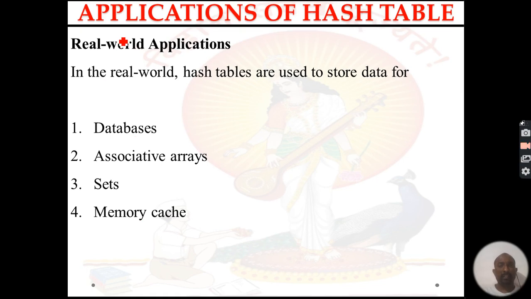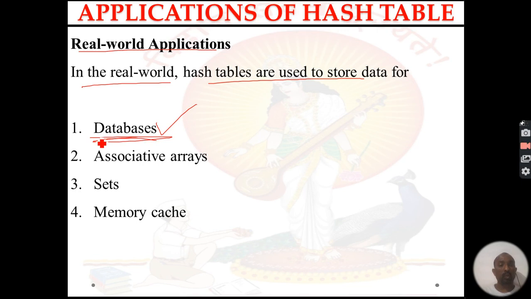Now, applications of hash table. Real world application: in the real world, hash tables are used to store the data for databases. You may be familiar with databases. In a computer system, a database is very important where we can store our data.